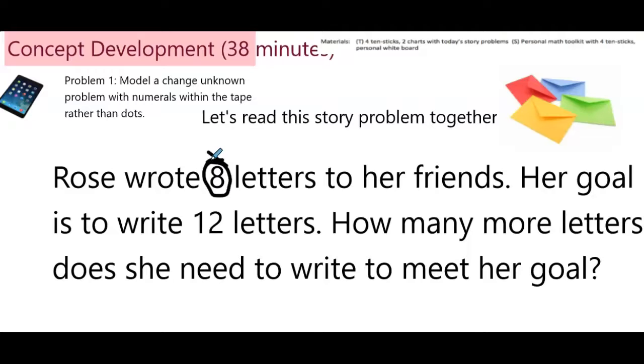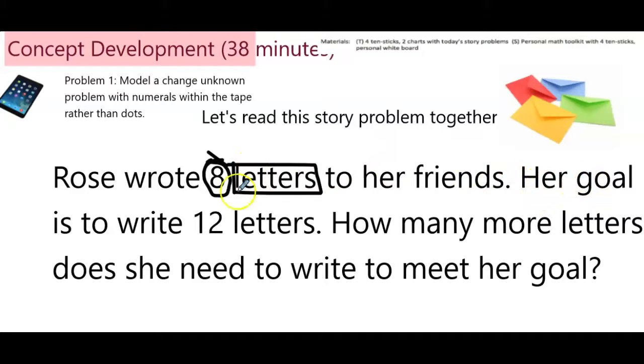The unit is the thing that we are counting. So did she write 8 stinky socks? 8 cats? What was it? 8 what? Letters. So we can put the word letters in a box just so that we remember what it is that we are counting, okay? So let's keep reading.